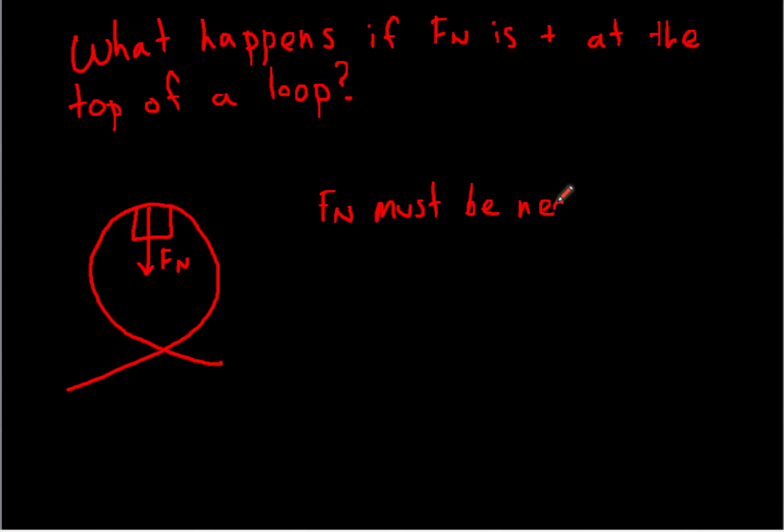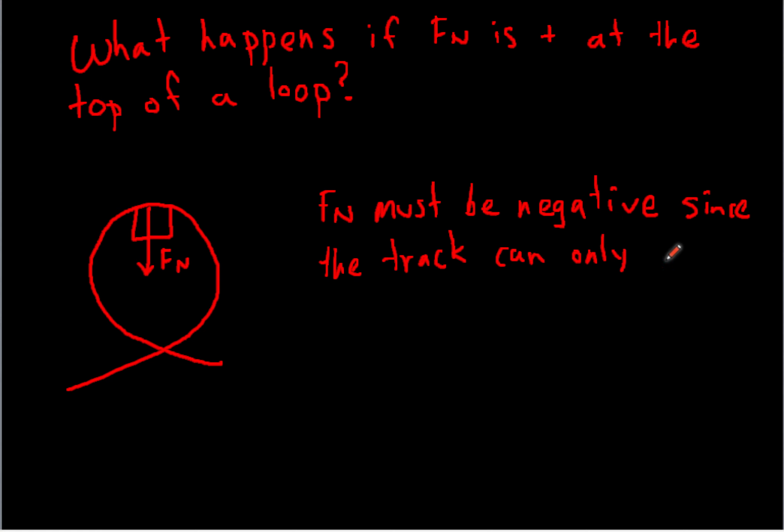Fn must be negative, since the track can only push down on the car. The track can't suck the car into it, so the only thing the normal force can do is to push out of the surface, in this case down.